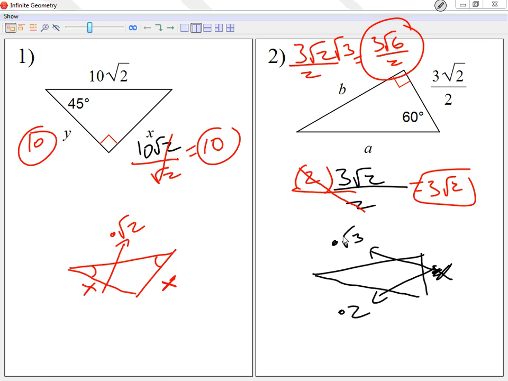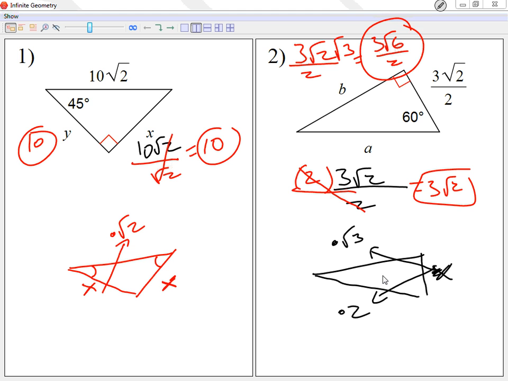If you're going backwards, obviously divide. Do notice that there's no connection between this side and the hypotenuse. You have to go through the small side first. If you were going from here to the small side, you would divide by radical 3. Like I said, as long as you start from the small side, you always multiply.